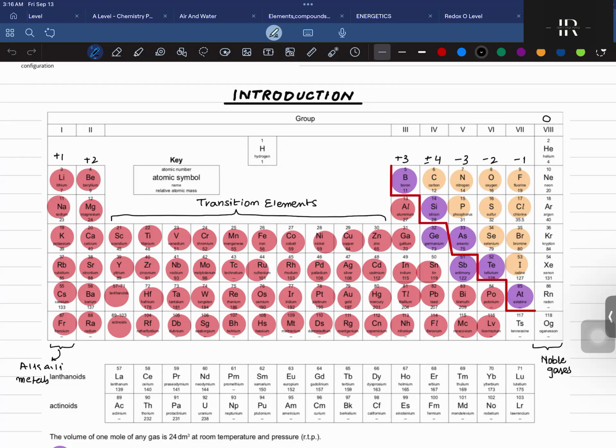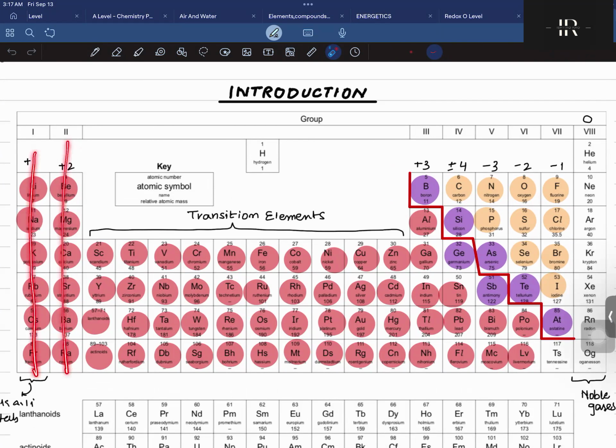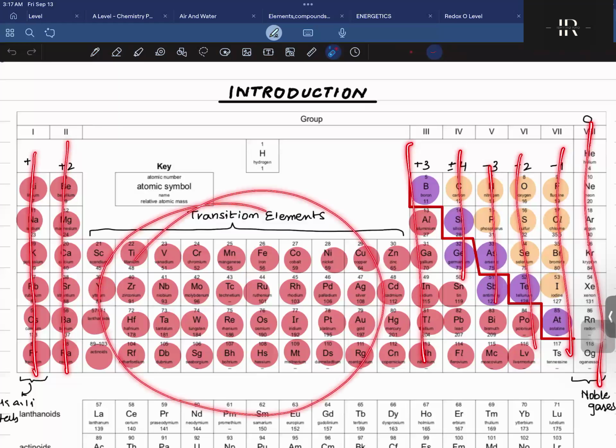And if you can see, this is the periodic table, and all the elements are arranged in a particular order. Like I can say that these are metals, non-metals, non-metal gases, and these are the transition metals basically.